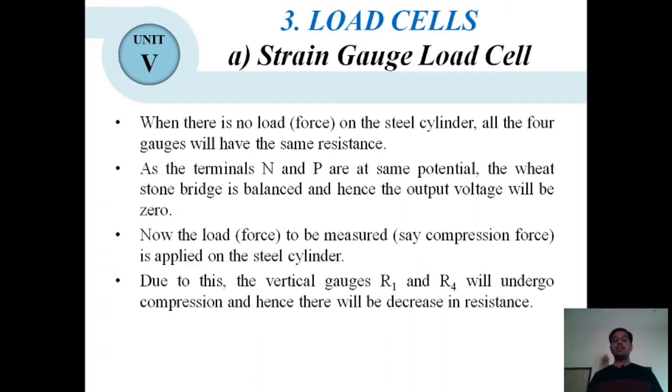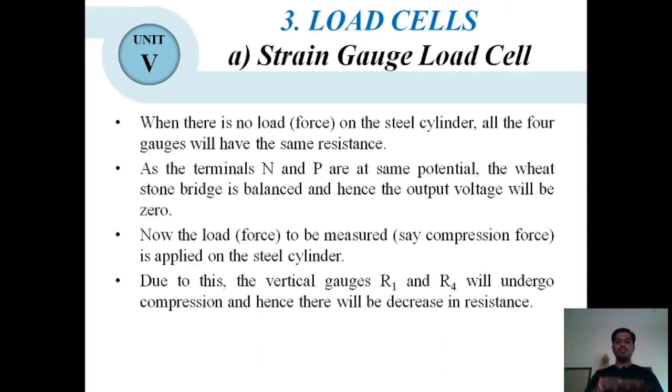Now we are applying the force. How much force we are applying, that we need to measure. It may be a compressive force or a tensile force, either one. If we apply a force on this steel cylinder, the vertical gauges R1 and R4 will show a change in resistance.